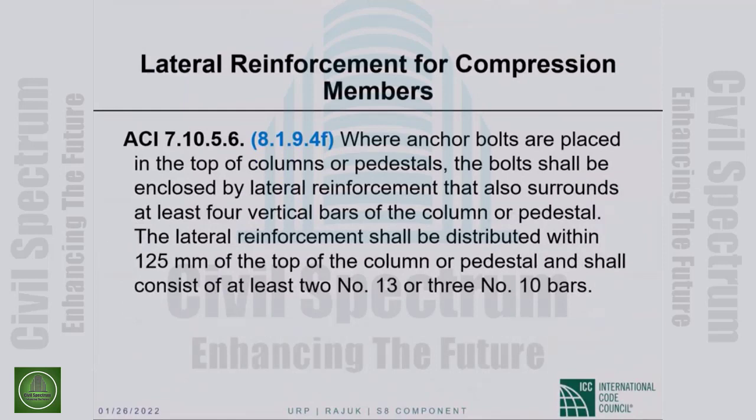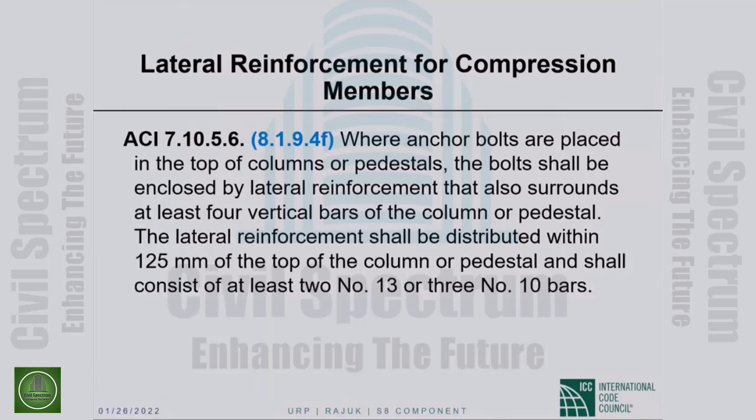This is something else, where anchor bolts are placed in the top of columns or pedestals. Pretty often, anchor bolts at the top of pedestals. The bolts shall be enclosed by lateral reinforcement that also surrounds at least 4 vertical bars of the column or pedestal.